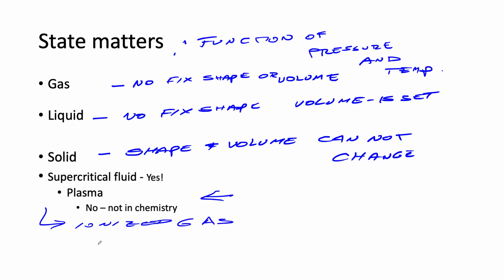Gas is part of the definition, so it cannot be a different state. It is part of a gas. So there are the 4 states: supercritical fluid, solid, liquid, and gas.